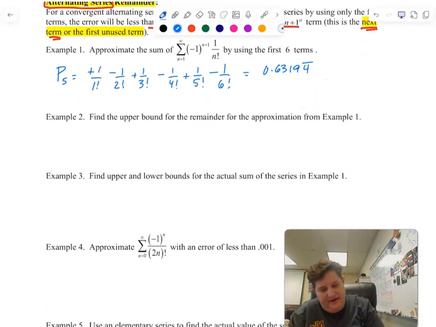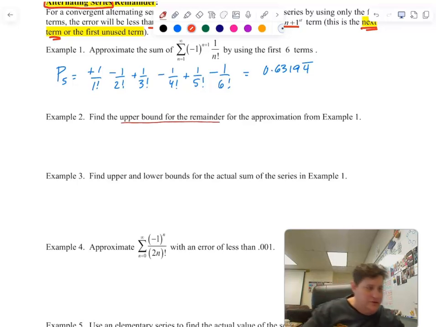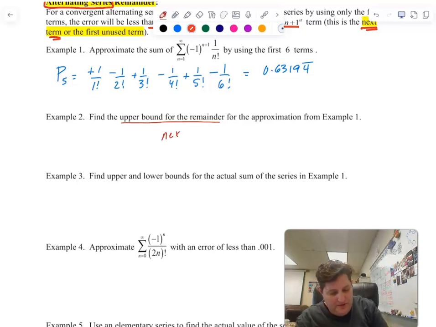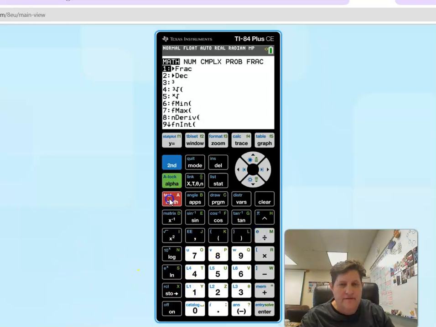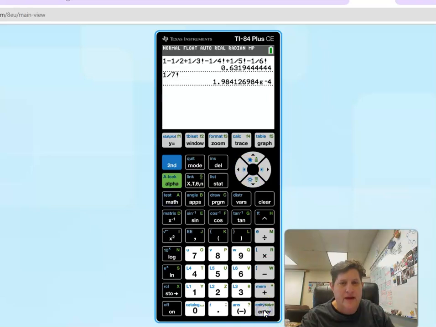It says find the upper bound for the remainder for the approximation. Okay? Well, we just go to the next term. You guys know the next term is 1 over 7 factorial. We're adding it, okay? So if I type in 1 over 7 factorial, I get that.